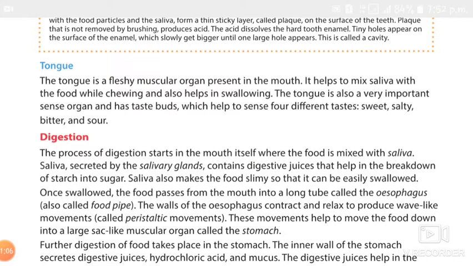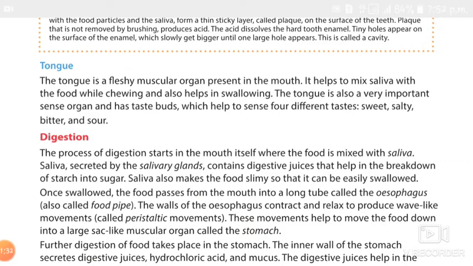These movements help to pass the food into the large sac-like muscular organ called the stomach. The walls of the stomach are lined with a membrane called mucosa. The mucosa secretes mucus and it protects the inner lining of the stomach.